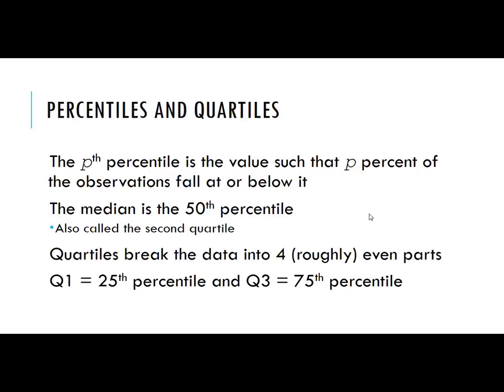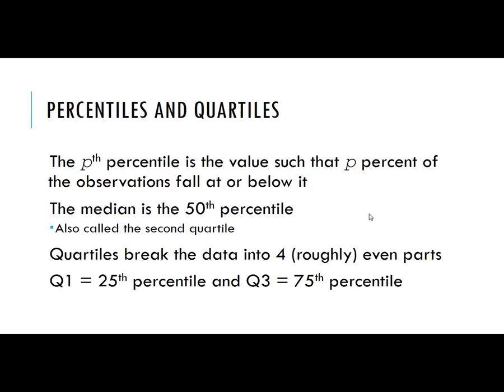Quartile 1 is the 25th percentile, so 25% of all the data lie at or below that number. The third quartile, Q3, is the 75th percentile, so 75% of all the data lie at or below whatever that number is. So obviously Q3 has got to be larger than Q1, or equal to it in some strange situations.